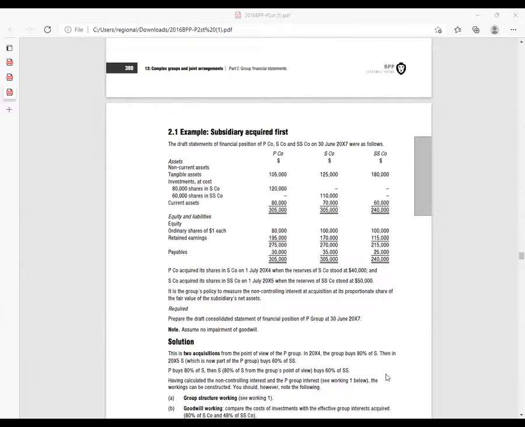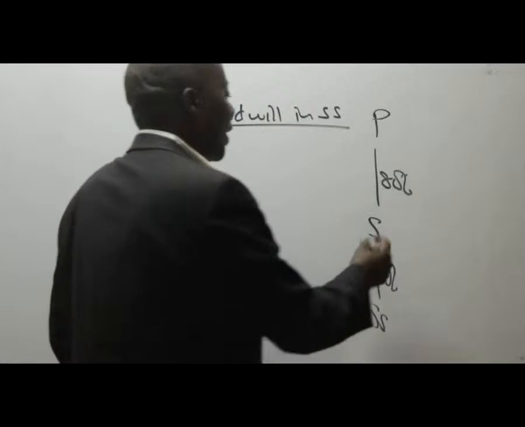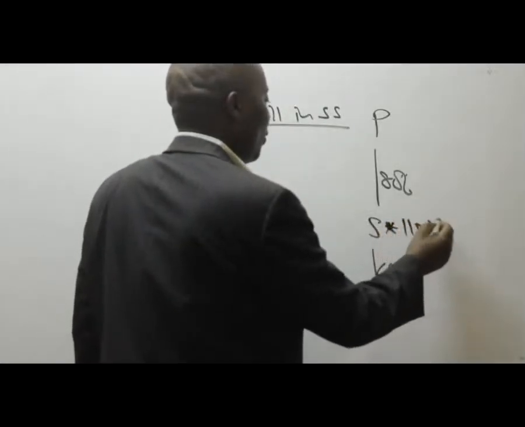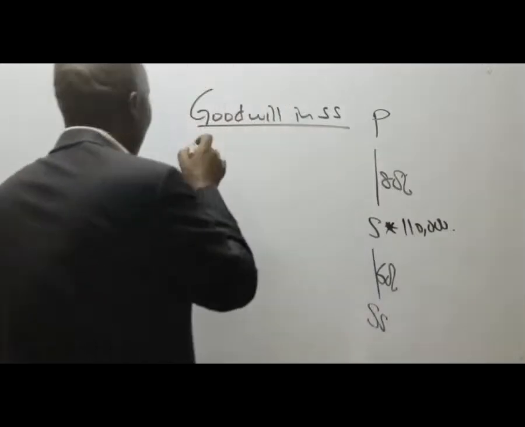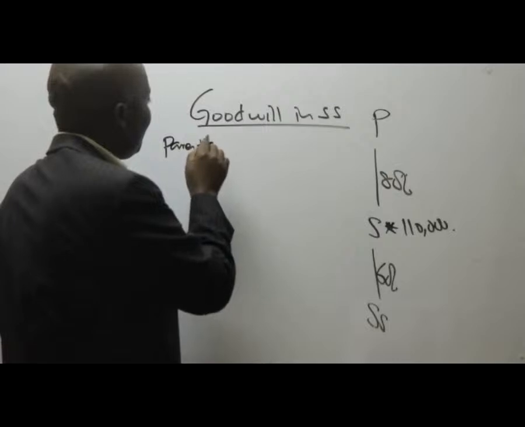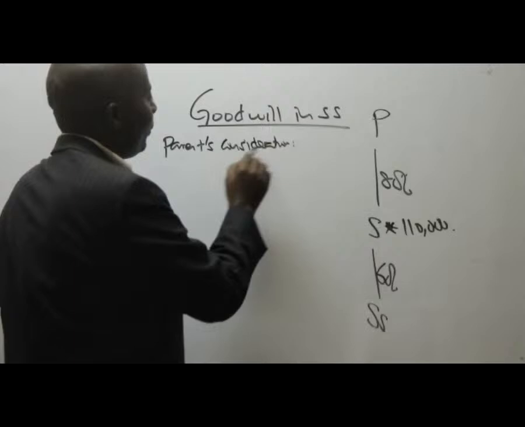110,000. So it means that S paid 110,000 here. Very important. So come here and give us the parent's consideration. It is 80% of 110.